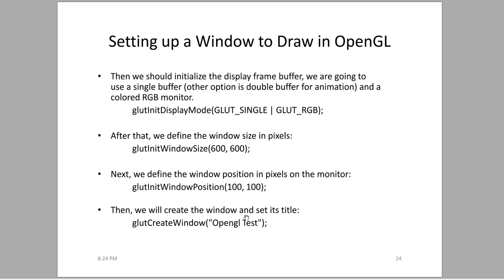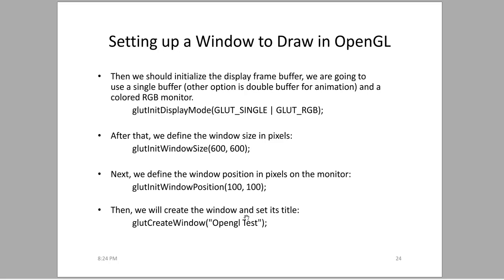Then after glutInit, we will have glutInitDisplayMode. Now you may say that this is too many things, but don't worry about that, because there are two points. One, when you see the whole example together, you will understand that it's not difficult. The second thing is, normally I'm not going to ask you in the exam to write a complete OpenGL program. You don't need to remember the order in general.